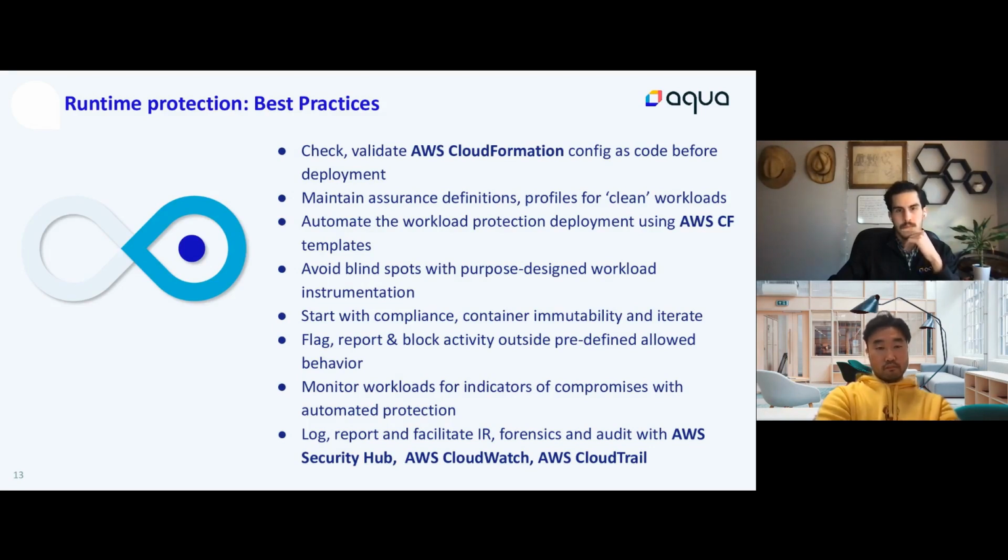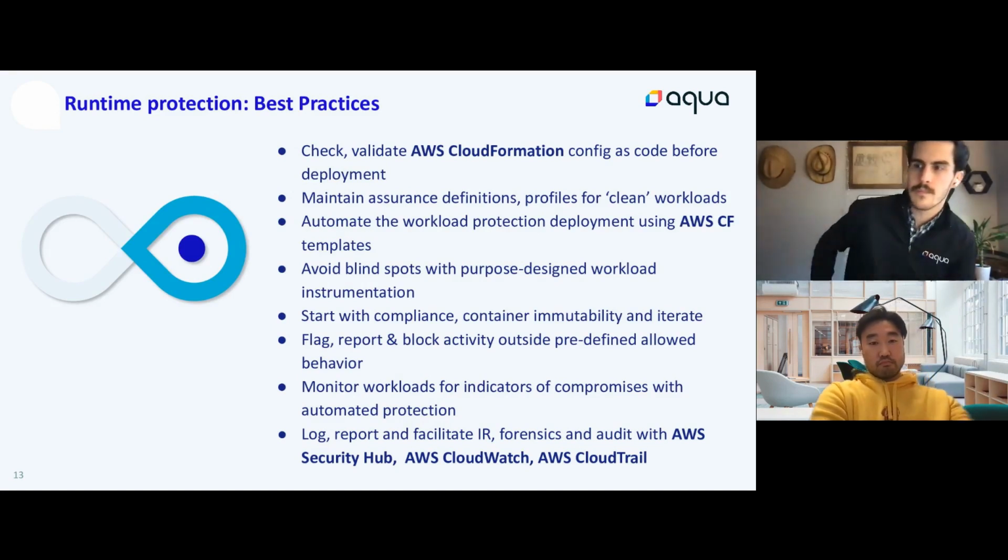And the other element is looking at which workloads you're protecting, right? What works for a VM workload is not going to work for a Fargate workload, is not going to work for a Lambda workload. And also, in order to avoid those blind spots, you want to make sure that deploying the runtime prevention controls is part of your provisioning process.